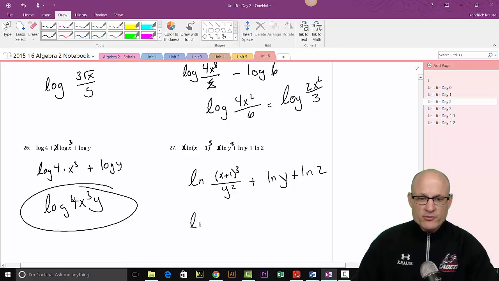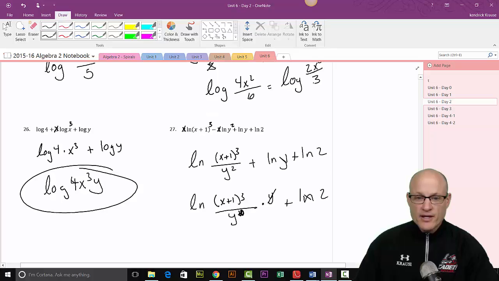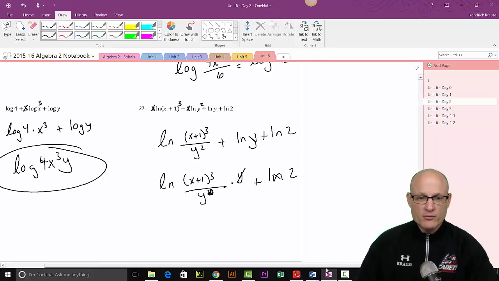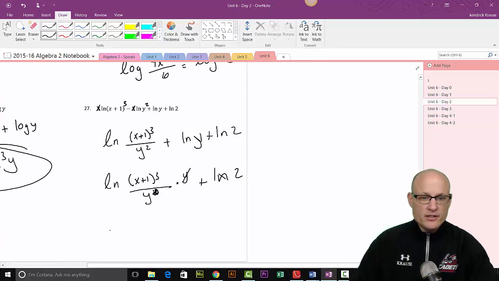So this becomes the natural log of x plus 1 cubed over y squared times y. So that y cancels one of those y's, plus the natural log of 2. And then that becomes, hopefully my big head's not in the way, the natural log of x plus 1 cubed times 2 over y.